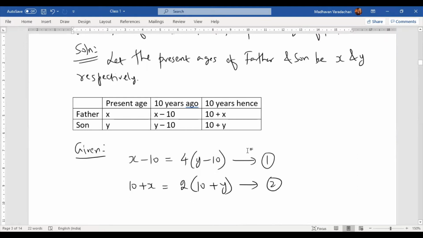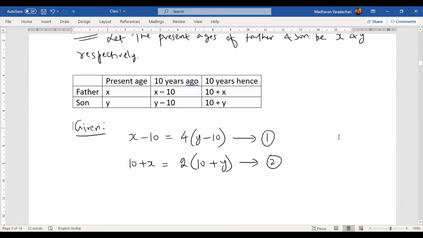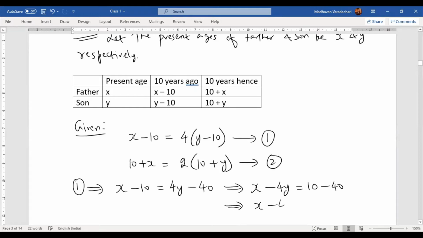Now we got two equations with two unknowns. These equations need to be solved. So the first equation I can rewrite as x minus 10 equal to 4y minus 40. What I did, I just multiplied 4 into y, 4 into minus 10. And then bring all x and y to one side. So x minus 4y is equal to, take this negative 10 to the other side, it will become positive 10 minus 40, which means I can rewrite this as x minus 4y is equal to negative 30.